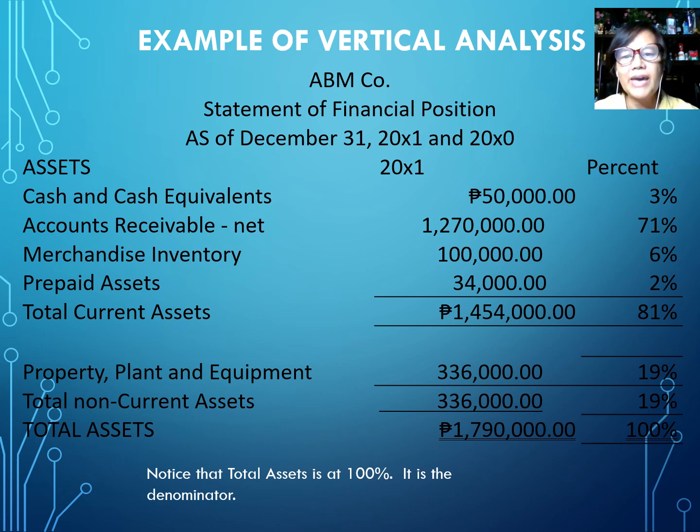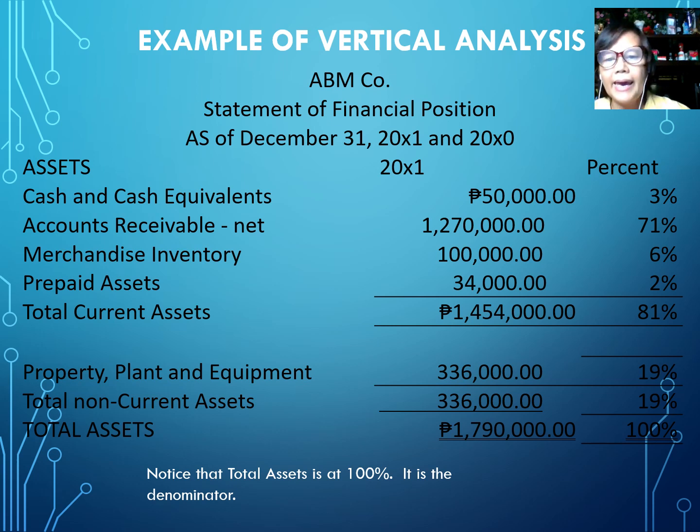Okay? Did you get it? How about accounts receivable net? 1,270,000 over 1,790,000 is 71%. How about 100,000 over 1,790,000? The resulting percent is 6%.